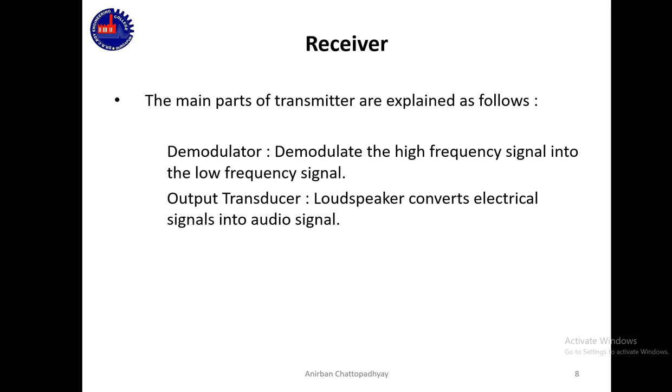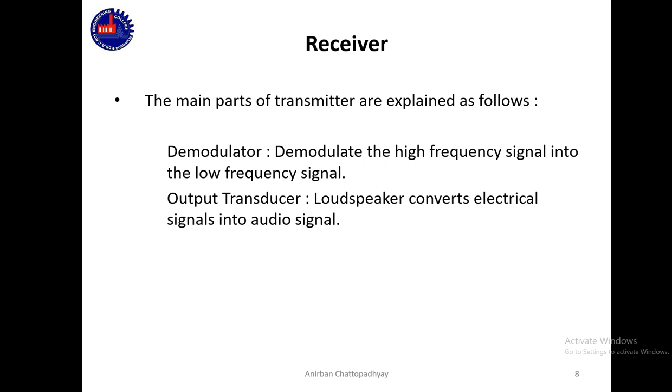At the receiver side, again there are two main parts: the demodulator and the output transducer. So what does the demodulator do? It demodulates the high frequency signal into a low frequency signal. That means our EM wave is again converted to a low frequency, low energy signal, that is an electrical signal.